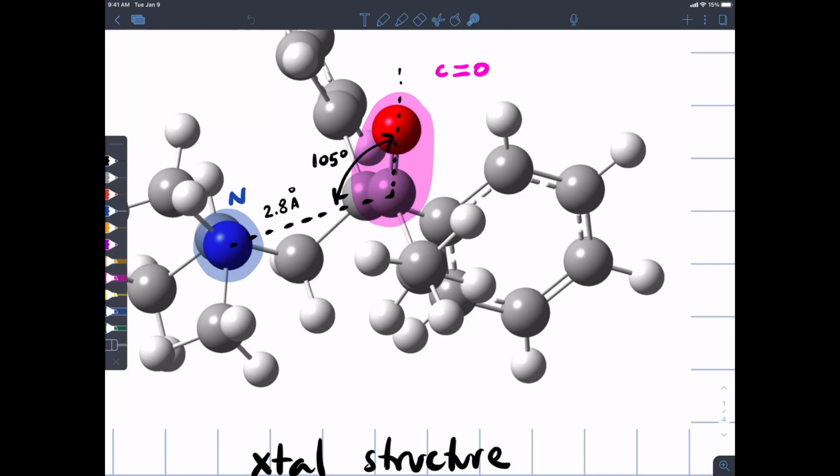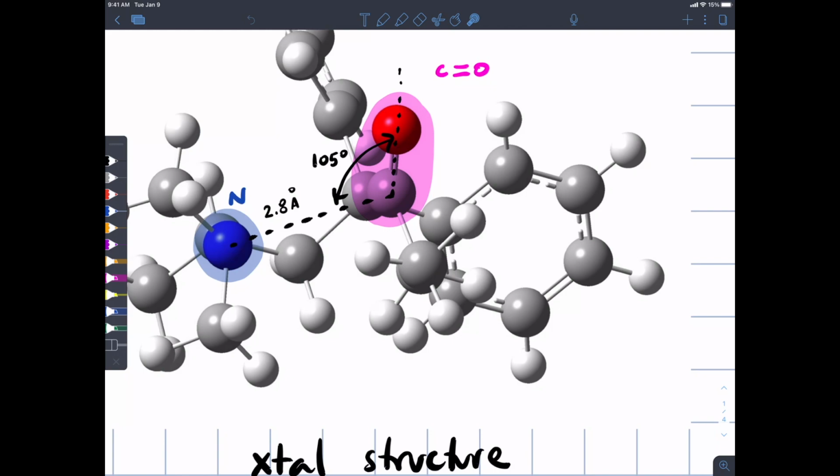And then, interestingly, the angle between this nitrogen and the carbon-oxygen bond is about what you'd expect for a tetrahedral angle. So it almost looks like this molecule is on the way to becoming sp3 hybridized here with a tetrahedral intermediate, where this atom in blue would be bonded to the carbon that's highlighted in pink.